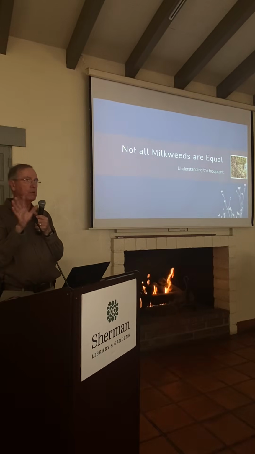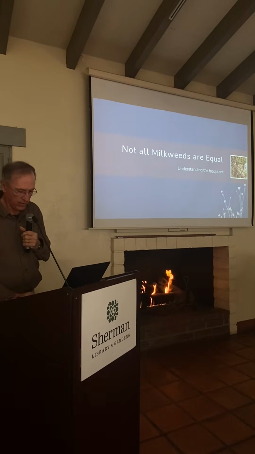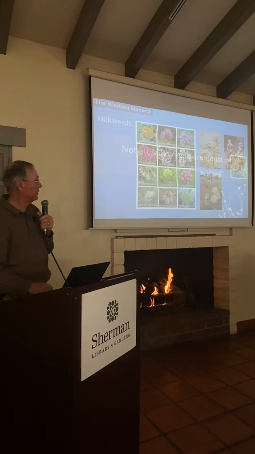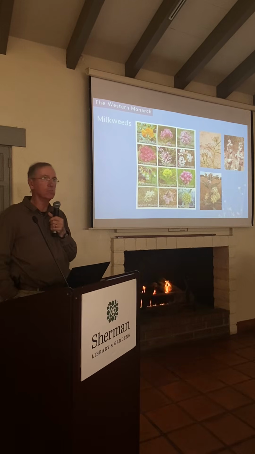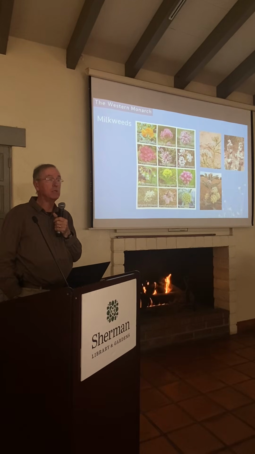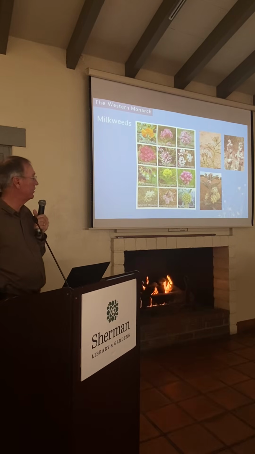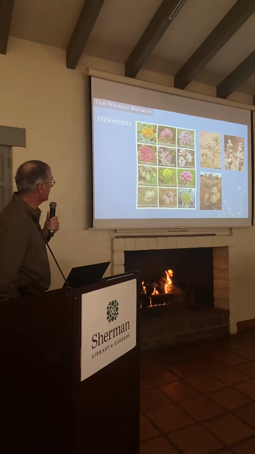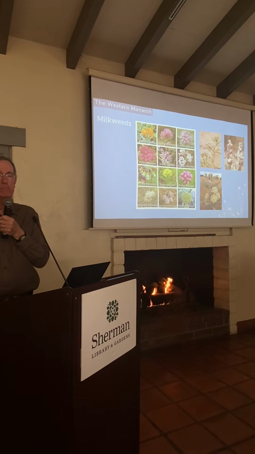Okay, so I started talking about milkweed, and that showed us some pictures of where they're distributed. So now let's talk more about milkweed. Let's really get into milkweed. In the United States, we have a lot of different milkweeds, I think 70 some native species in the continental United States. In California, we have about 15.